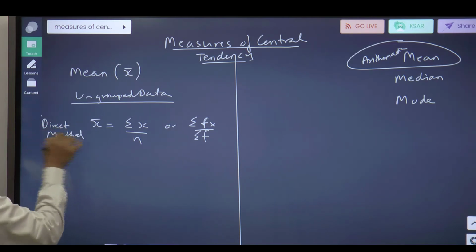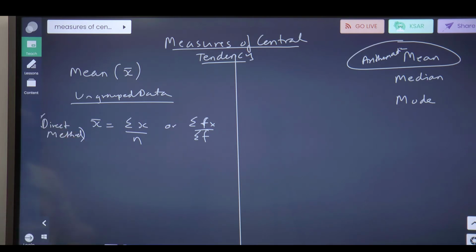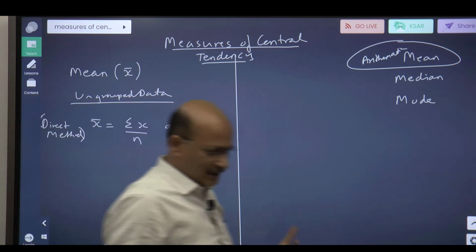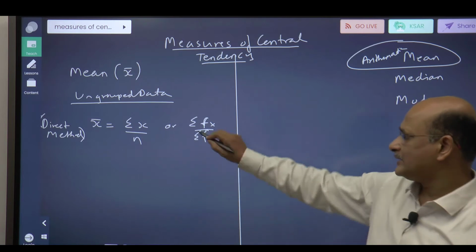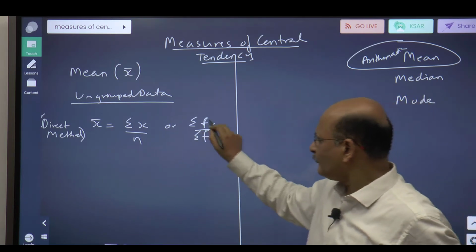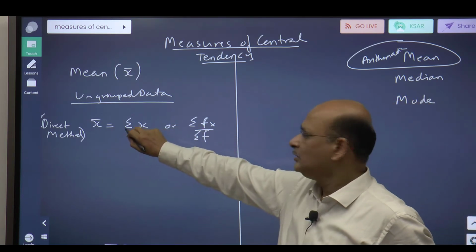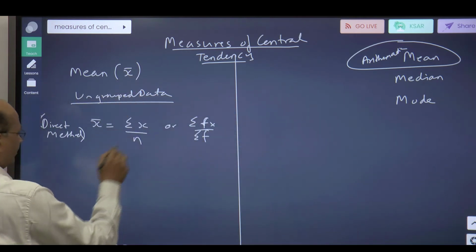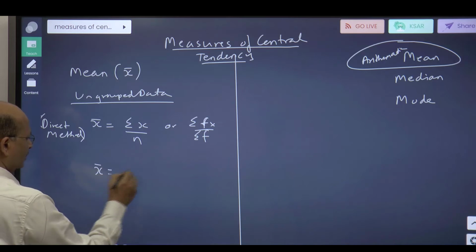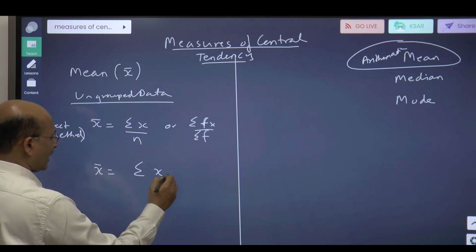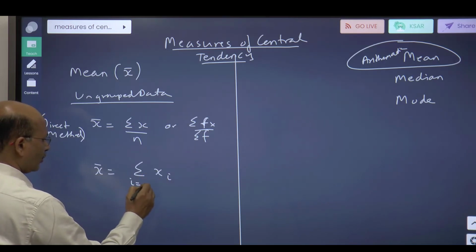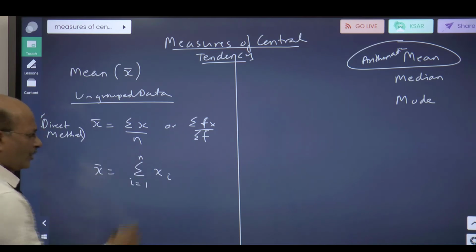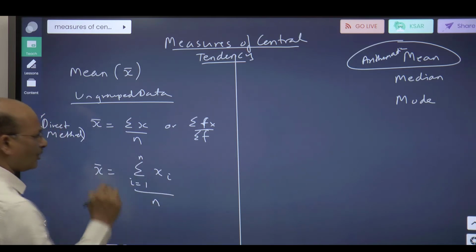We had done the sums based on this yesterday, one or two sums, not much. I just introduced this part of the concept and said how this formula is the same as that formula. Now basically in your textbook the formula must be given like this: x bar is the summation of xi, where i is equal to 1 to n, upon n, the number of items.